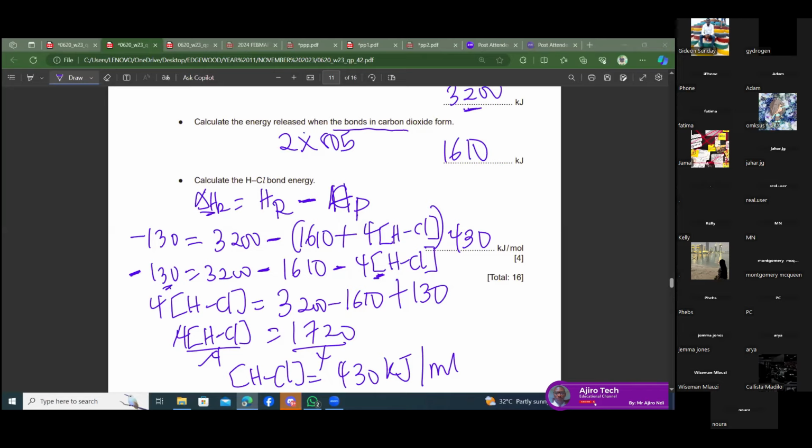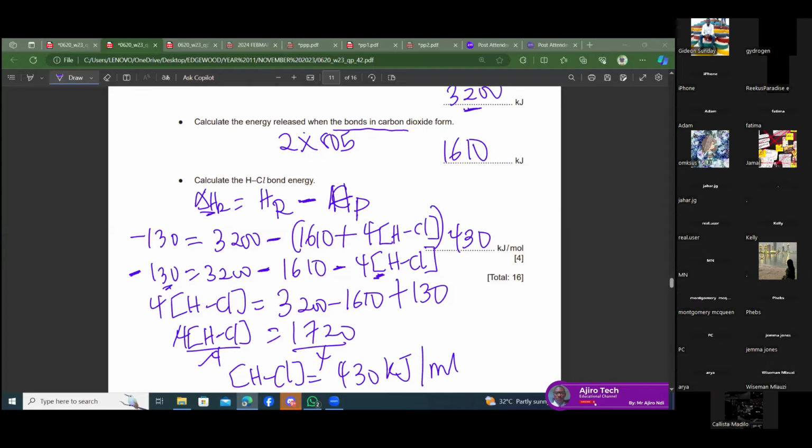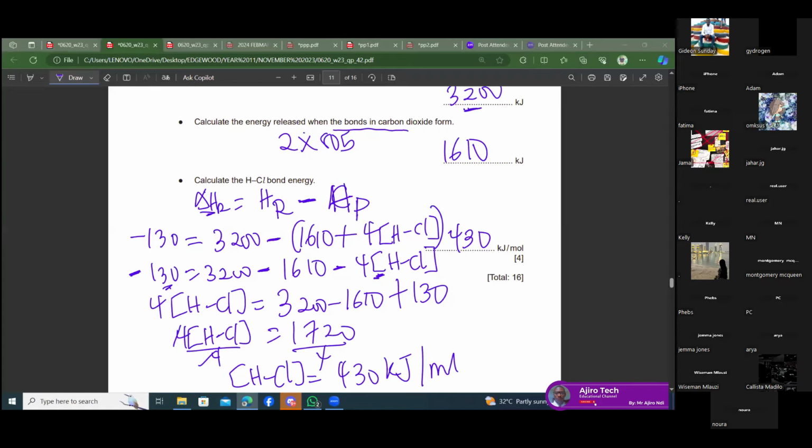Expect some questions from salt preparation and acid-base. You should know your indicators and their colors in different media, such as methyl orange, thymolphthalein, and universal indicator. Equally, expect some questions from chemistry of the environment: use of catalytic converters, flue gas desulfurization, greenhouse gases, harmful and non-harmful substances.